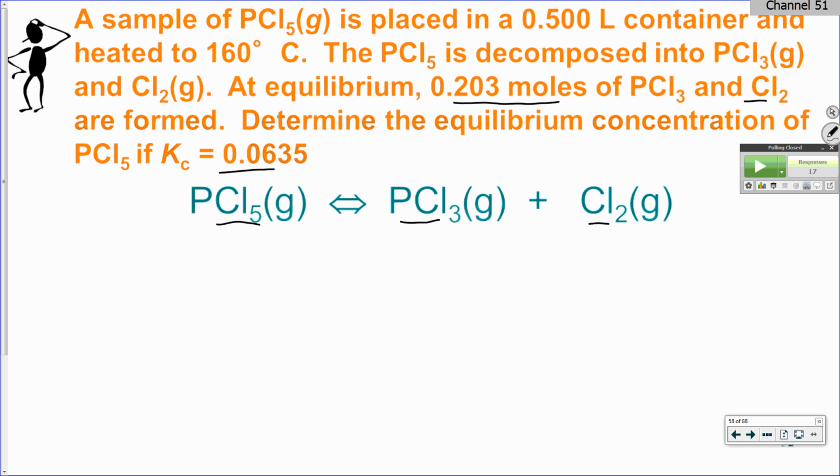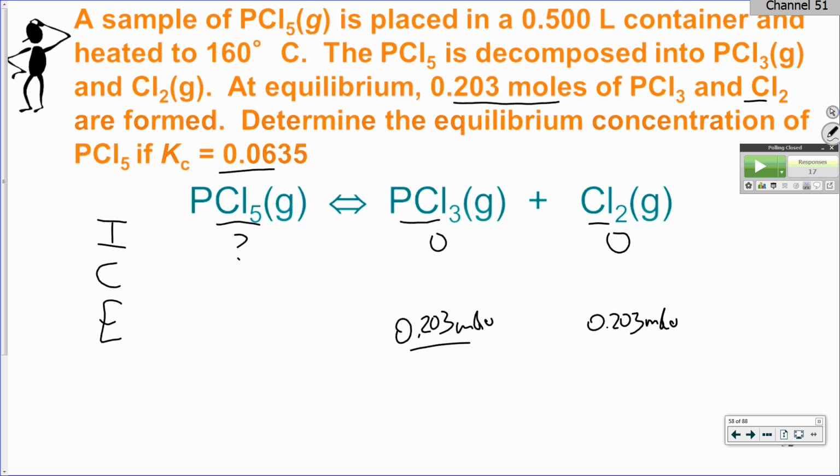Okay, so if I'm going to set up my system to study this, I don't know how much I had initially. I know there wasn't any of these guys. On this one, it tells me what is the concentration of these products. Now, do I know the concentration? Is that what's given to me? What I know is the number of moles.